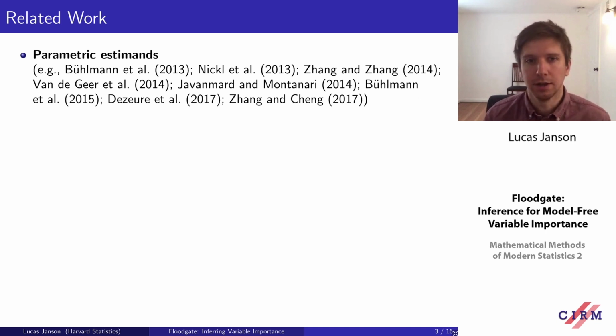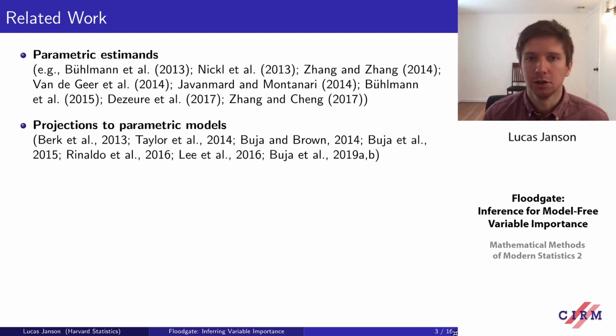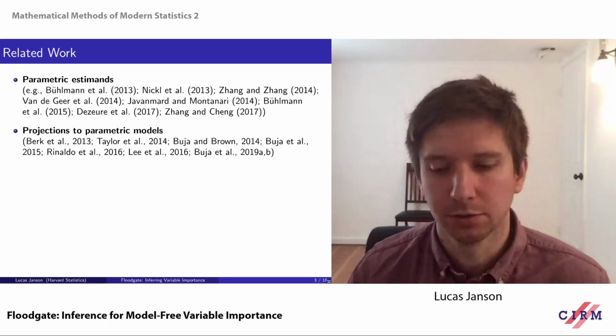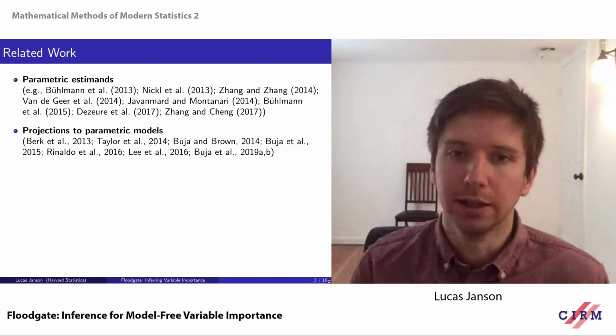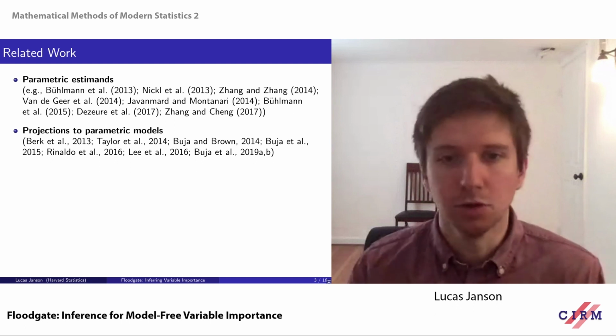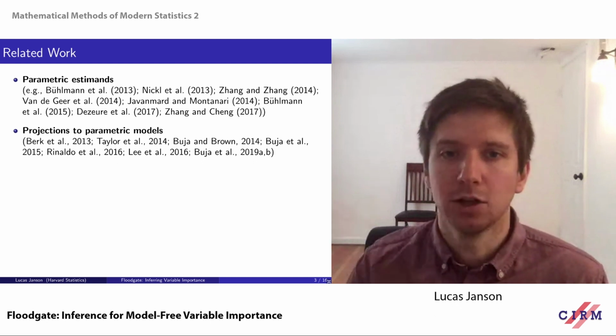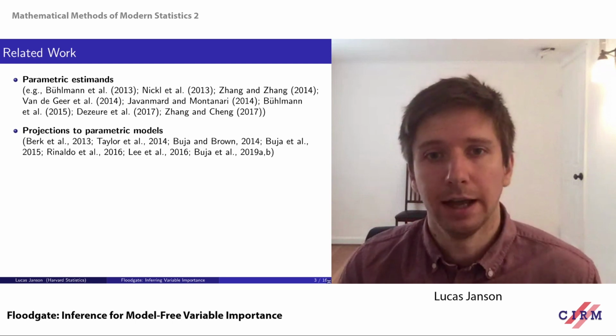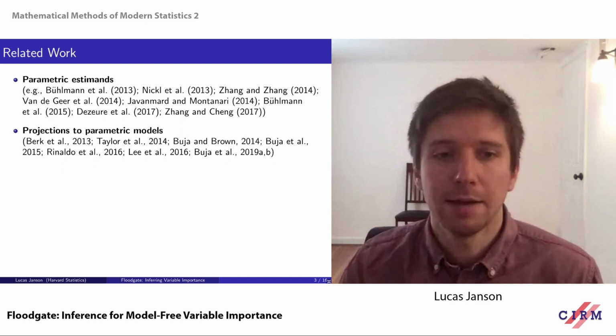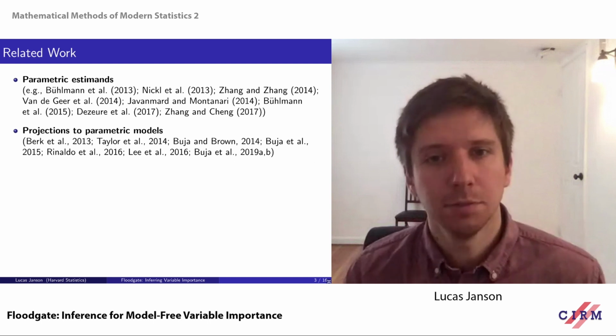All right, so moving from parametric estimands, one way to make them more interpretable is to say, well, even if my parametric model is wrong, I can still think about the parameter in the projected model, where I can have any distribution for y given x and project it onto the nearest version of the parametric model that I care about. And then I can look at the parameters in that model, and those should have a similar interpretation.